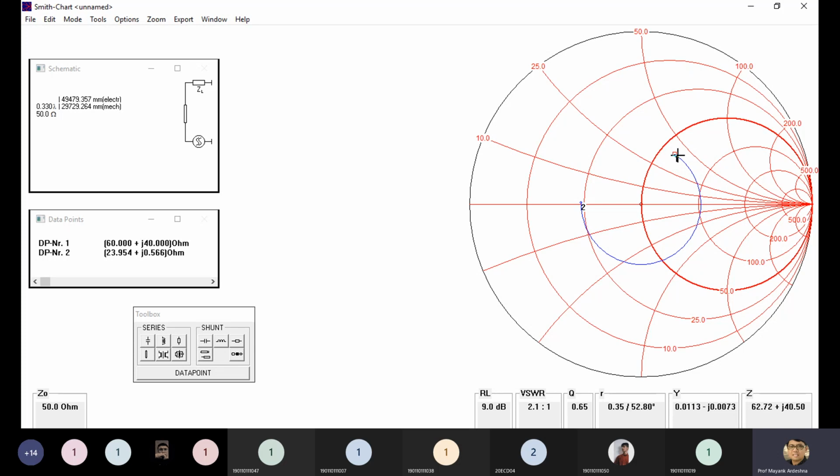When you select this, you can easily identify the reflection coefficient in terms of magnitude as well as angle. And you can easily identify the VSWR. It's 2. If your VSWR value is between 1 and 2, then it is considered a perfect matching.